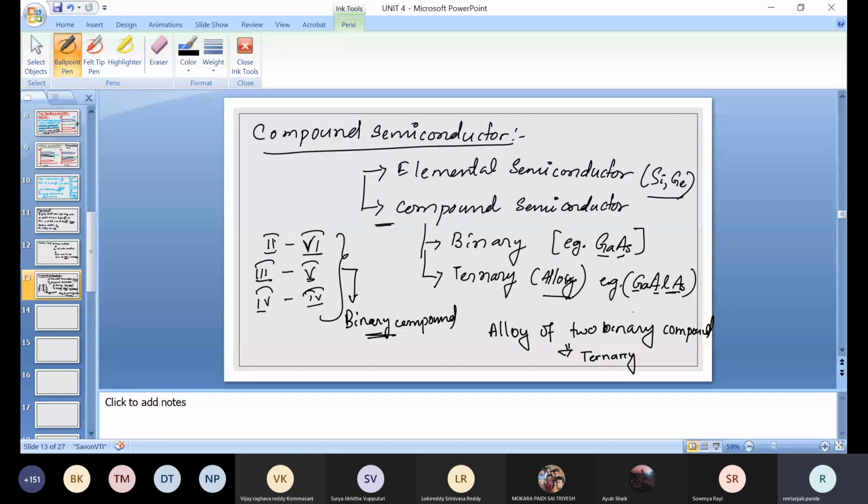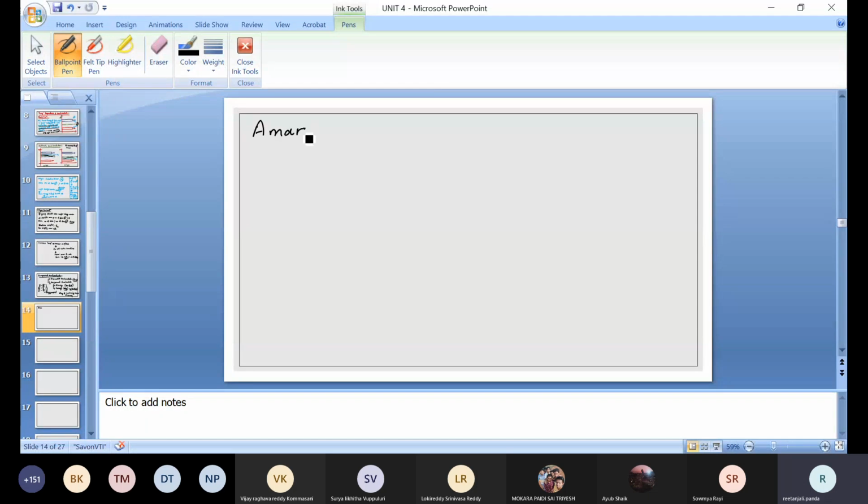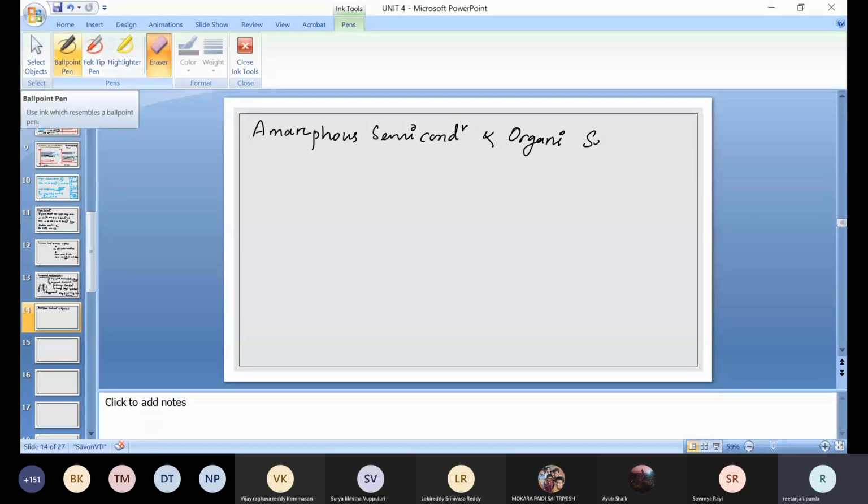Amorphous and organic semiconductors. So, amorphous solid and crystalline solid. Do you know the difference between an amorphous solid and a crystalline solid?